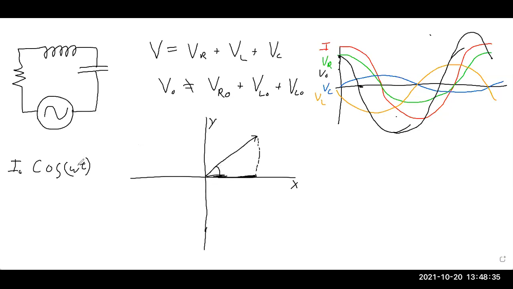So we're going to make a geometric picture of what omega t are, where this is omega t, this is I naught as the hypotenuse, and adjacent over hypotenuse is going to be the cosine. So our current over our current amplitude is cosine omega t.